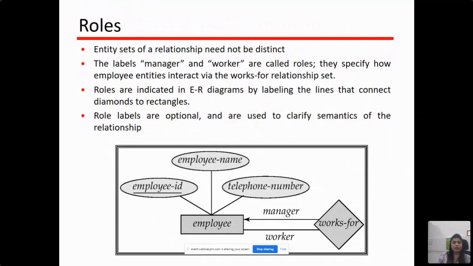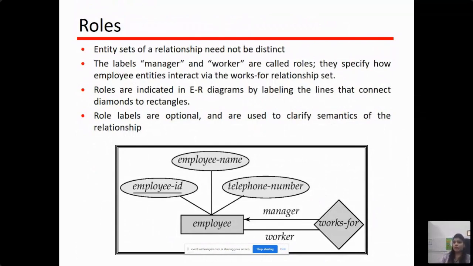For example, in this we have defined two roles, manager and worker. These are the two roles for the employee. Like it works for a particular department, so at that time it becomes a worker, and for some departments it can act as a manager also, because managers are also part of the employee entity set only.